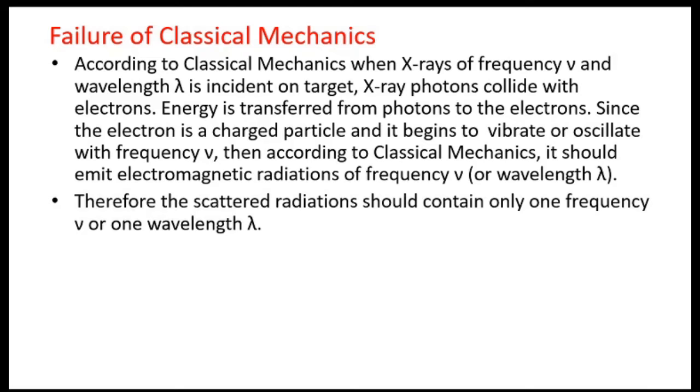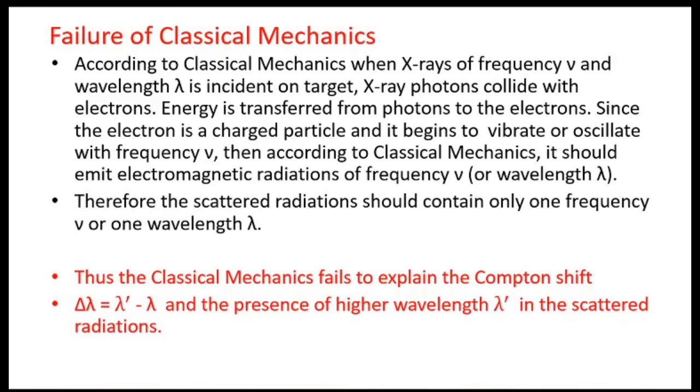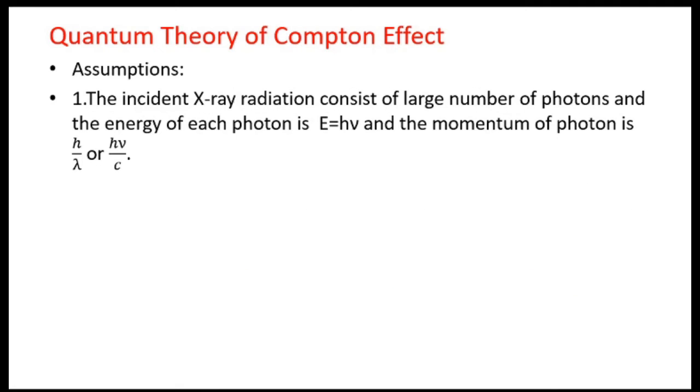And hence, classical mechanics could not explain the presence of the higher wavelength lambda dash in the scattered radiation, or the Compton shift could not be explained classically. So we now take the quantum mechanical approach to study the Compton effect.